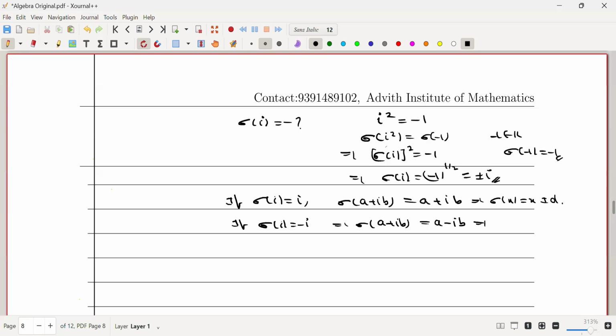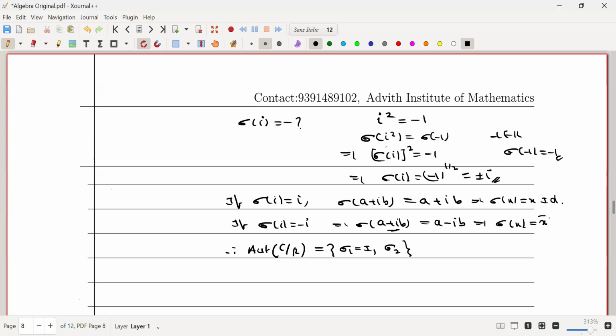So sigma of X is equal to the conjugate of this complex number, which is X bar. Therefore there exist two automorphisms. So the automorphisms of C over R are sigma 1, where sigma 1 is the identity homomorphism, and sigma 2.